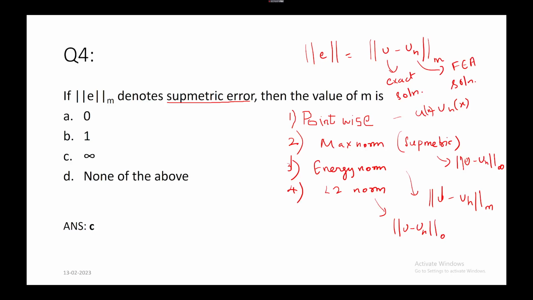What this means is that the max norm is nothing but the maximum possible error. It could be at any location.